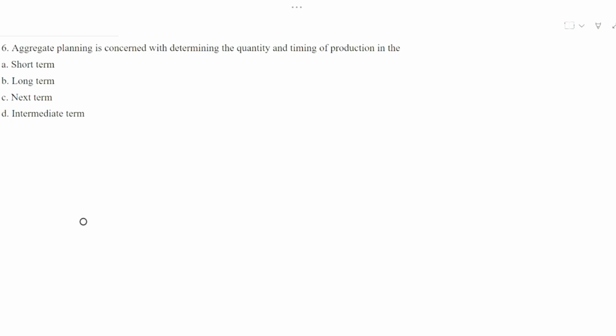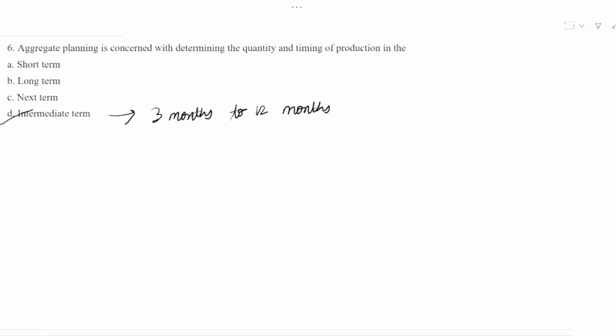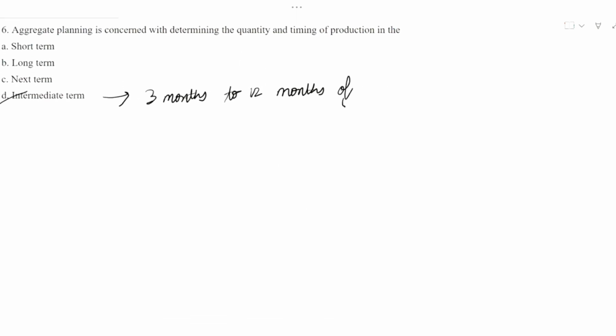This is approximately 3 months to 12 months of time. This is the intermediate kind of planning which is done for a period of 3 to 12 months.